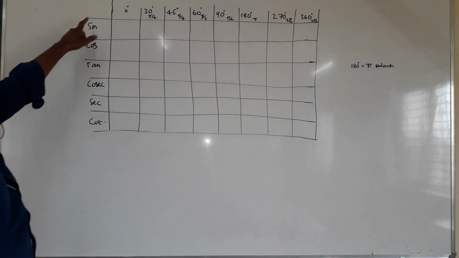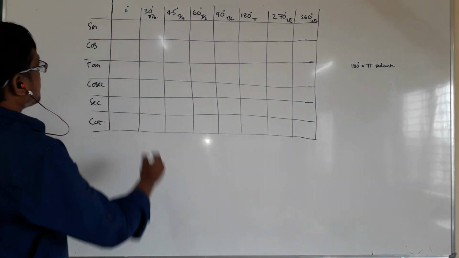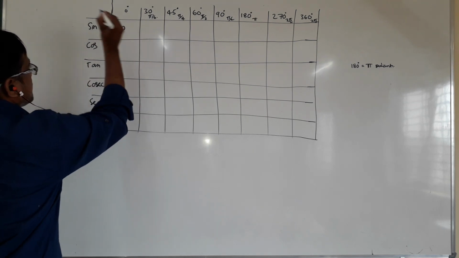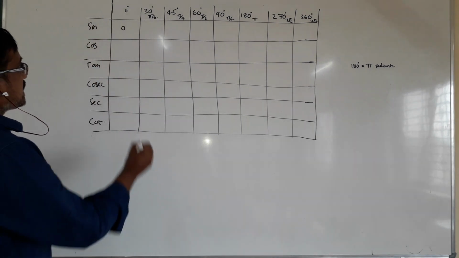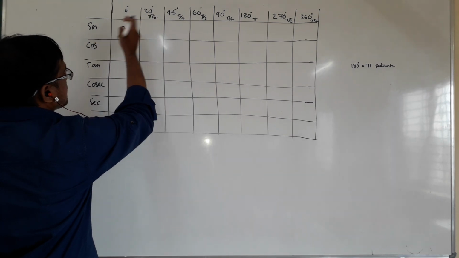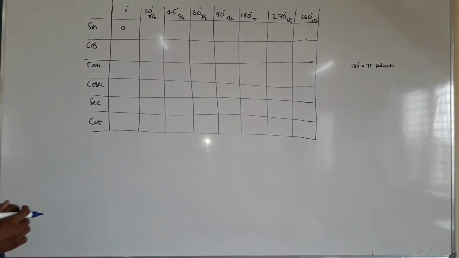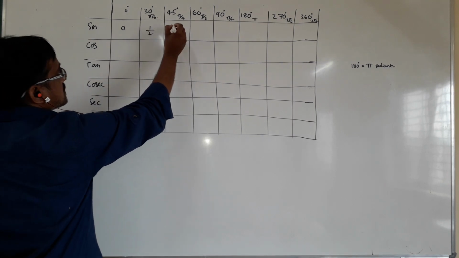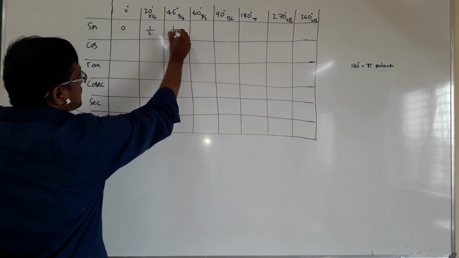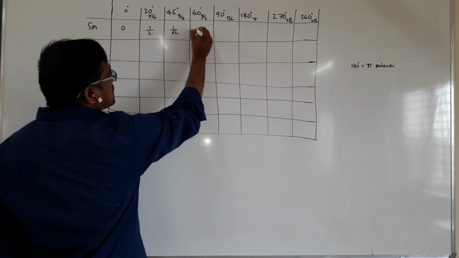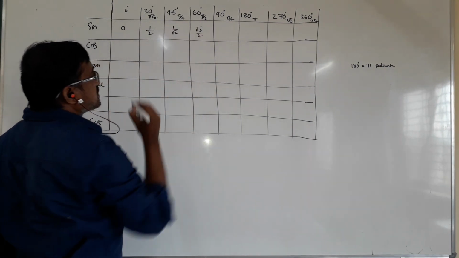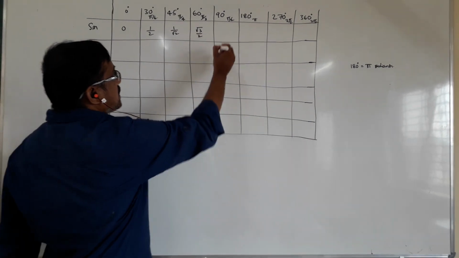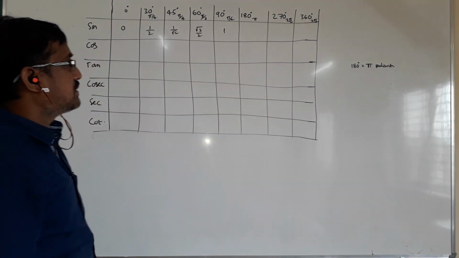So you can read them. Sin 0 degrees is 0. Sin 30 degrees or sin pi by 6 is 1 by 2. Sin 45 degrees is 1 by root 2. Sin 60 degrees is root 3 by 2. And sin 90 is 1.